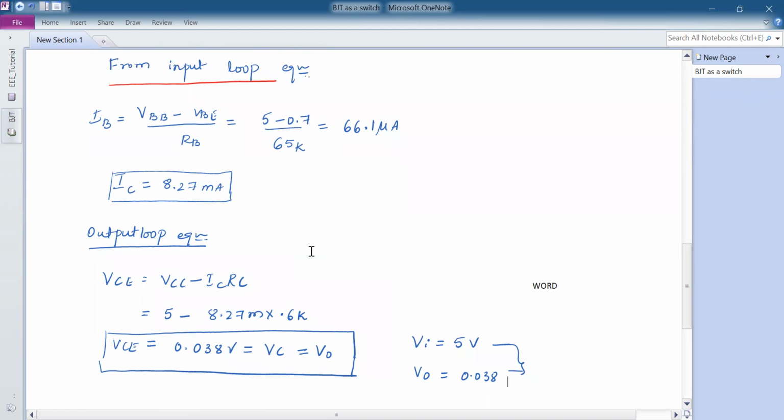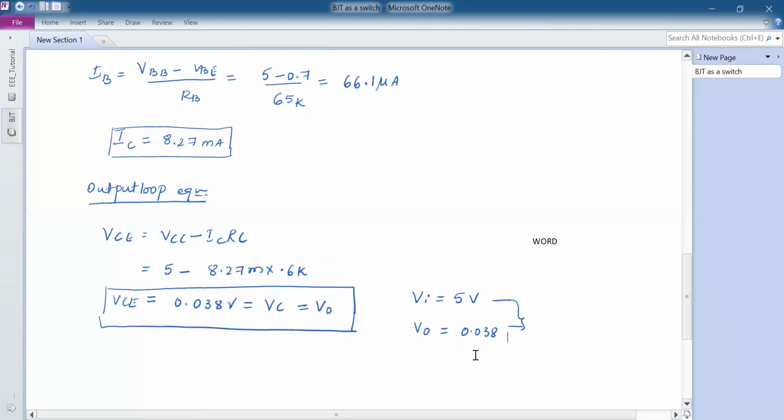Now, what is the biasing voltage in case 2 at the base of the transistor? We know that VBE is equal to 0.7 and which is equal to VB. And VC is nothing but 0.038. Now, when you compare base to collector voltage, at the base side it is 0.7 and at the collector side it is 0.038.